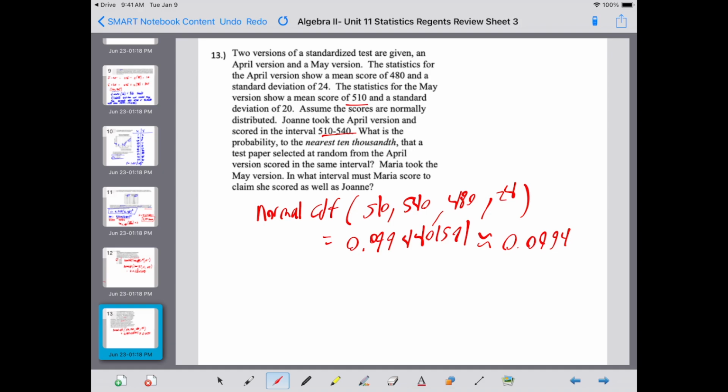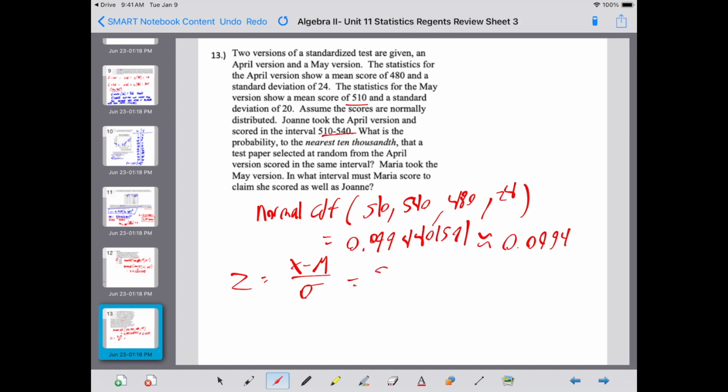Maria took the May version. In what interval must Maria score to claim she scored as well as Joanne? So we're going to have to find, I believe, the z-score. You take the score, subtract the mean, and divide by the standard deviation.